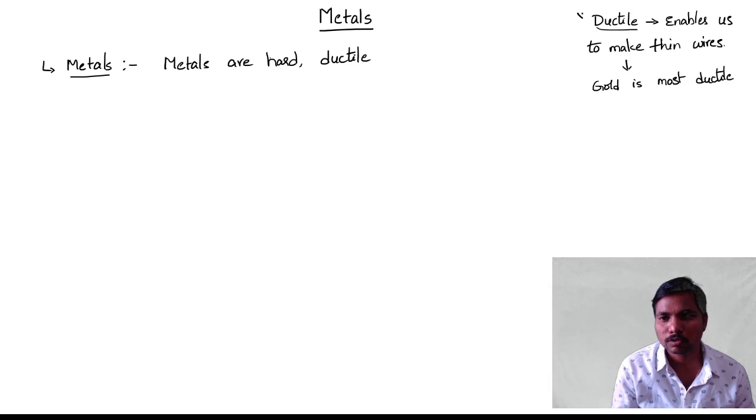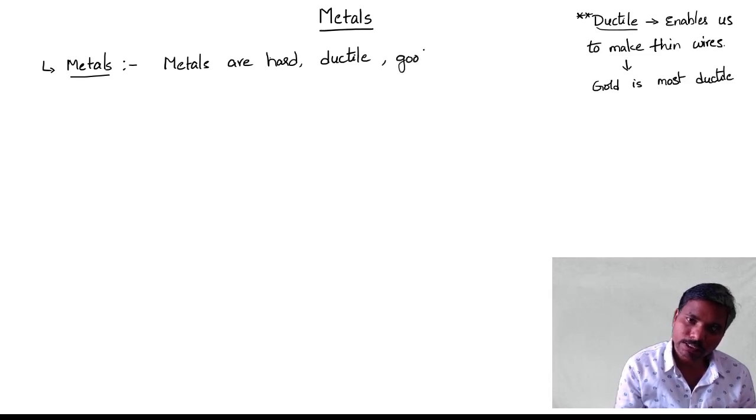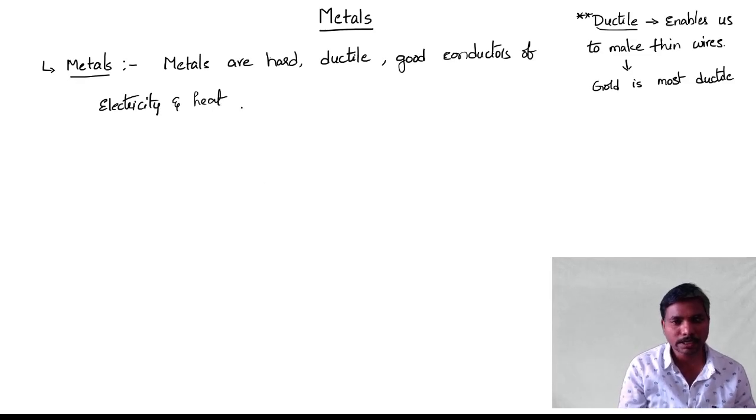Very important question. Okay, so metals are hard, ductile, good conductors of electricity and also heat. They allow electricity and also heat. Why do they allow electricity?